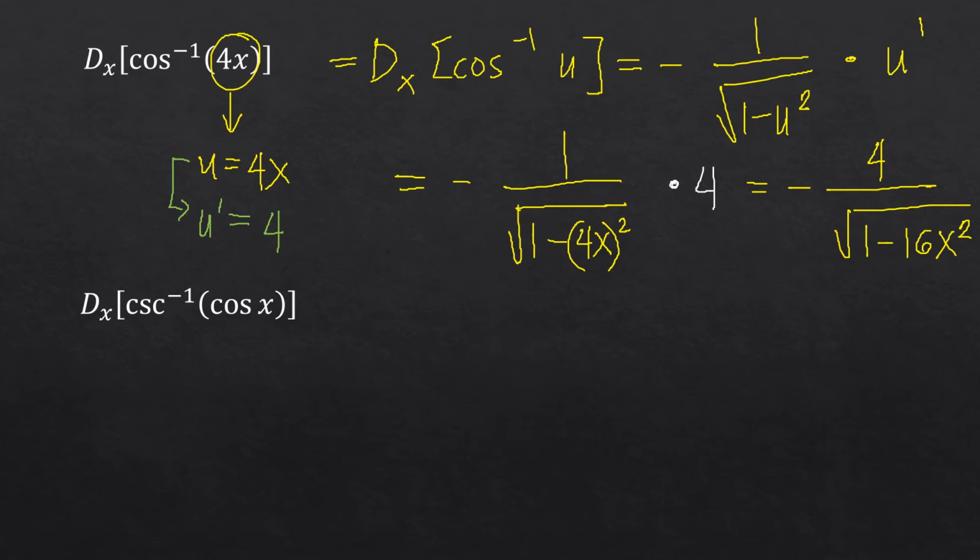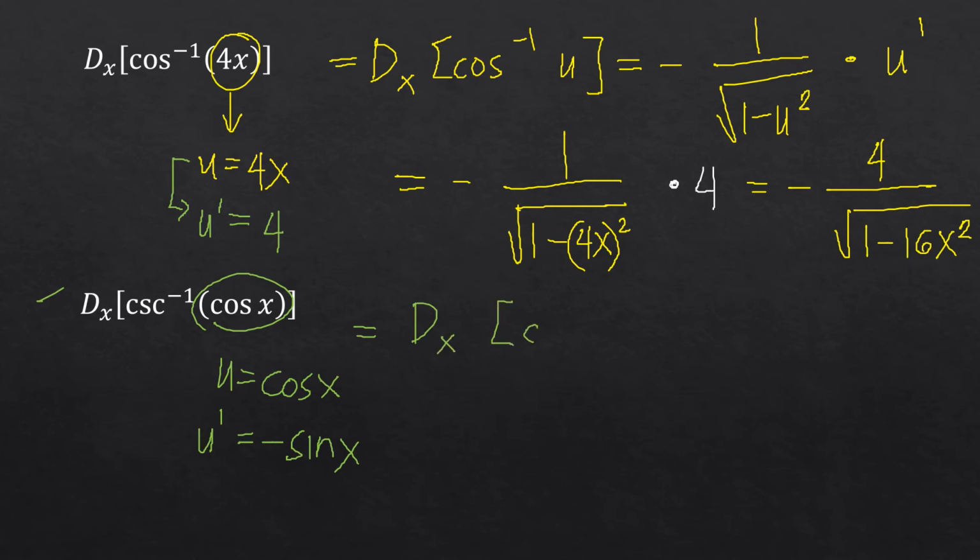Next, we have the second, the derivative of arc cosecant of cosine x. Here we let u be equal to cosine x, and the derivative of u is equal to negative sine x. So we can write this as the derivative of arc cosecant u, which is now equal to, remember the rule, that is letter C, so negative 1 over u square root of u squared minus 1, times u prime.